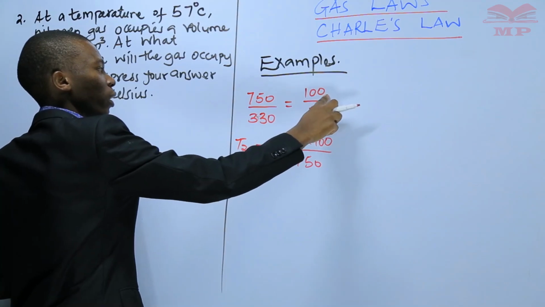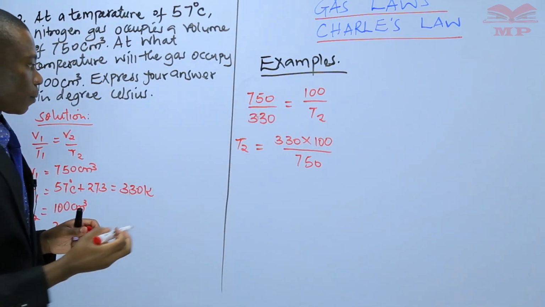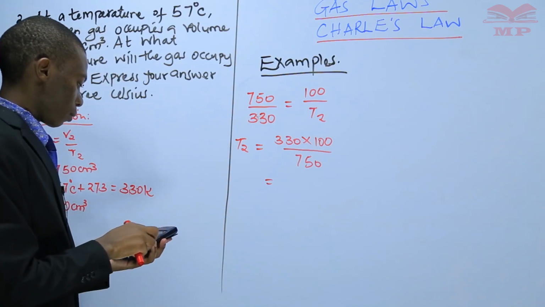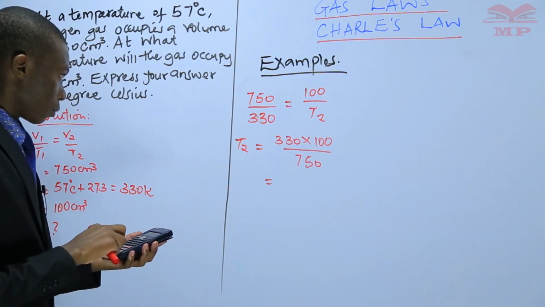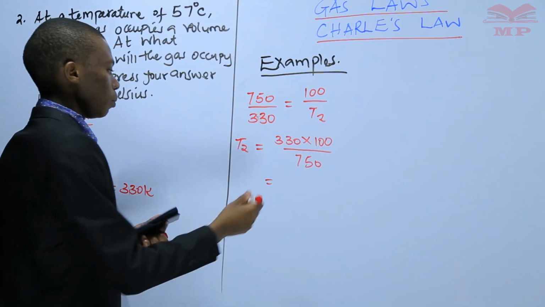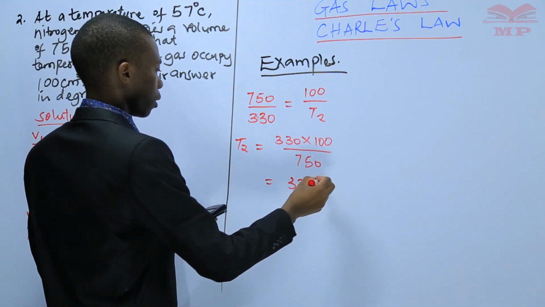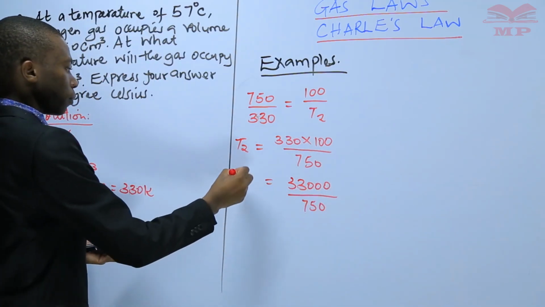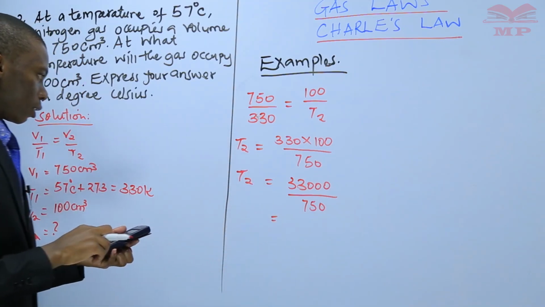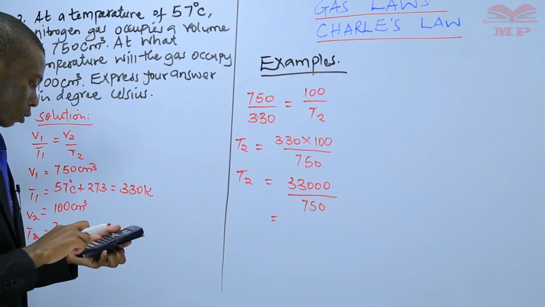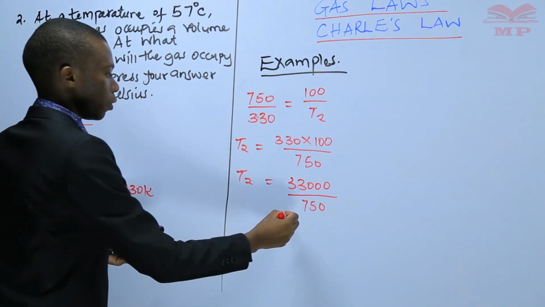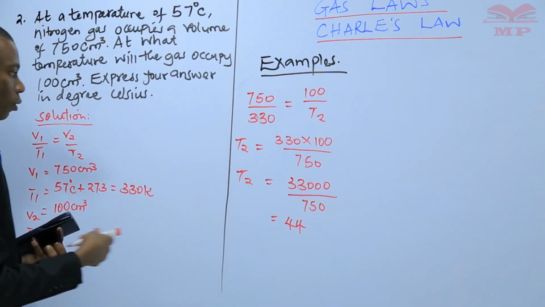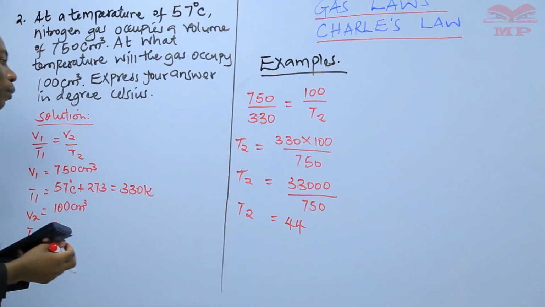So 330 times 100 is 33,000, divided by 750. This gives you 44. That is our T2.